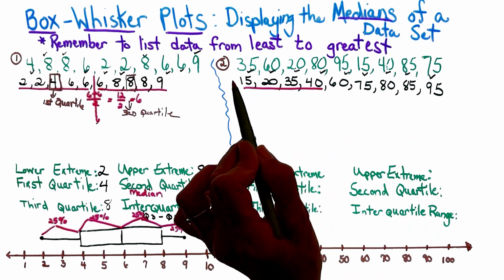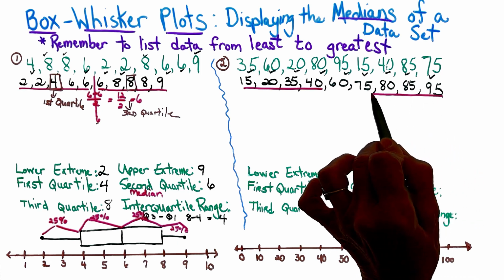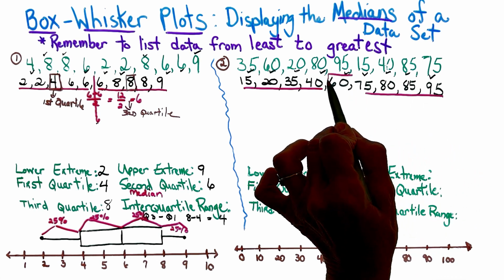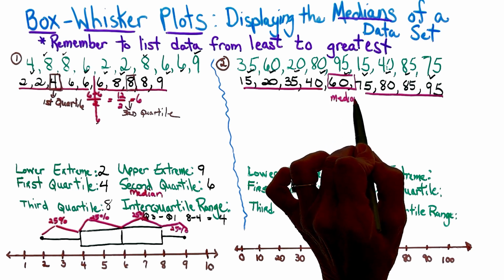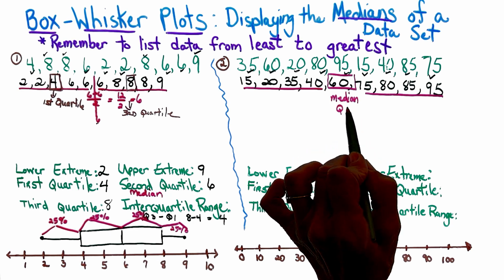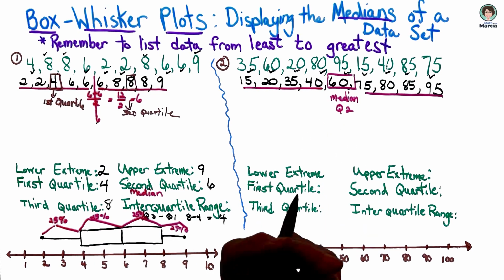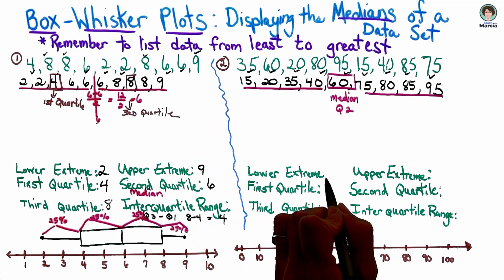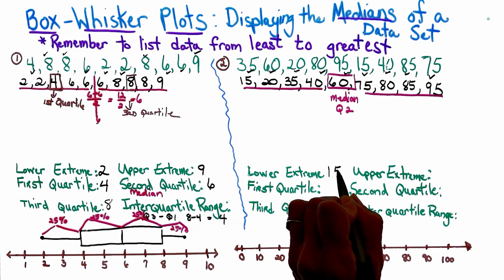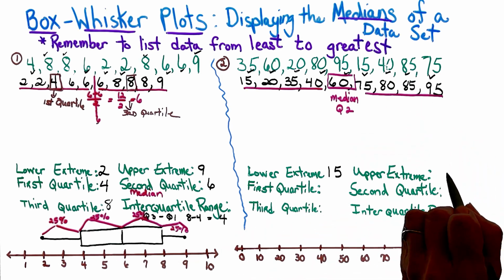So here's my first half of my data. Here is my second half. There's 4. And here is my median, or my Q2. So looking at the data, let's start filling in. It's easy. The lower extreme is the lowest number. The upper extreme is the highest number.